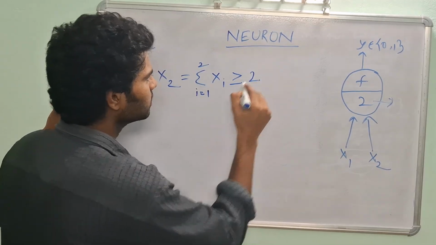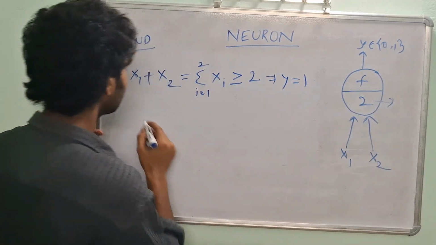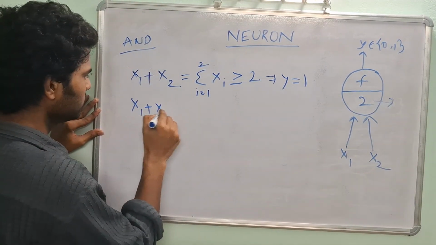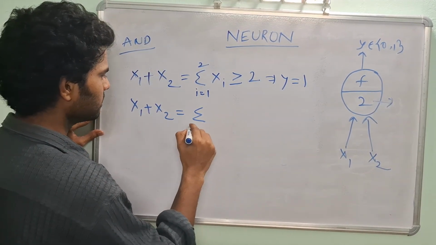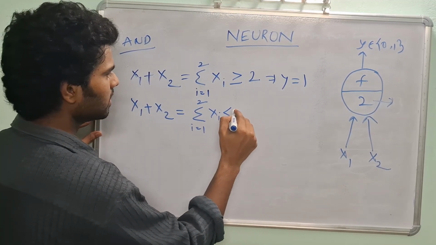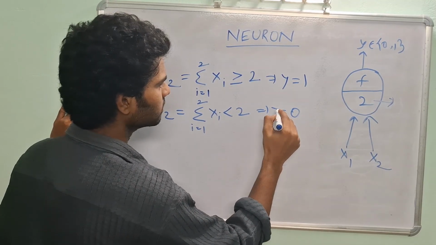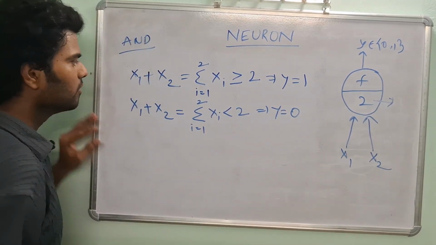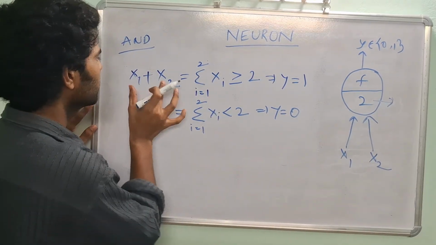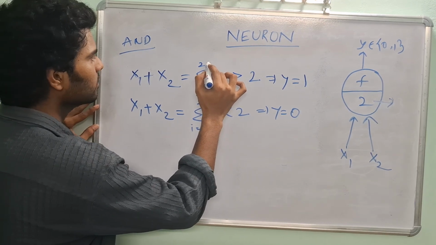The threshold value here is 2. In this case, the output becomes 1. And if the summation of xi is less than 2, in this case the output becomes 0. Why am I taking 2 here? Because we are using only 2 inputs. So that's why I have taken 2 here.